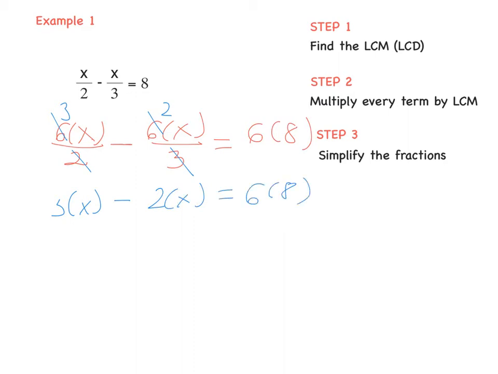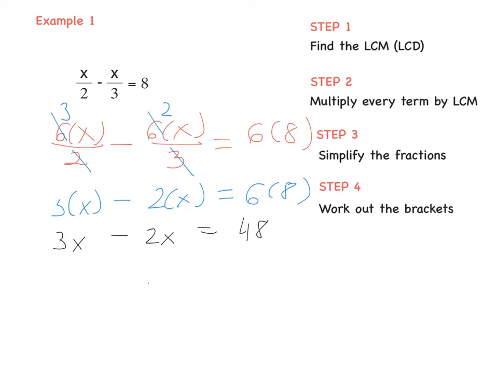Now it's time for the next step, work out the brackets. This is a very simple example, so 3 multiplied by x is 3x, minus 2 multiplied by x is 2x, equals 6 by 8, which is 48.